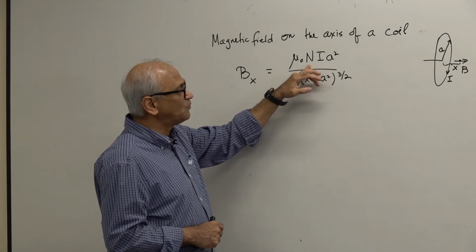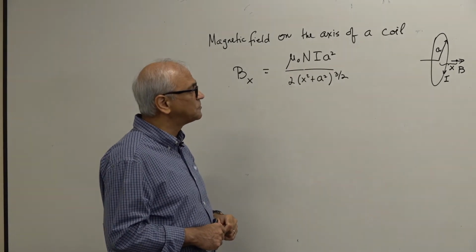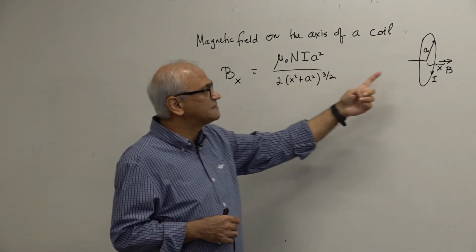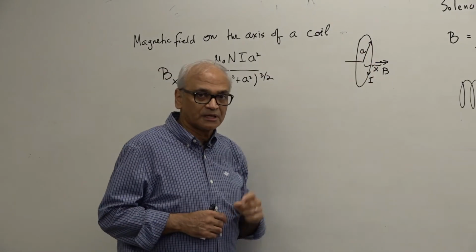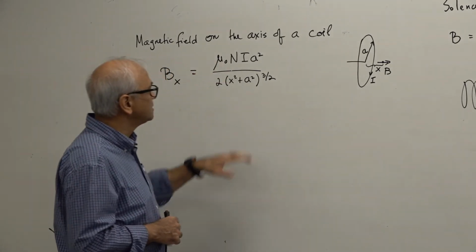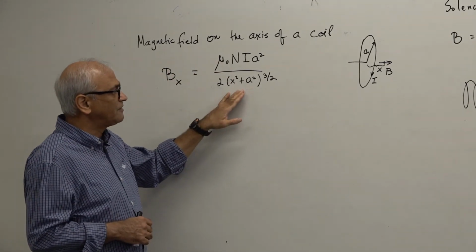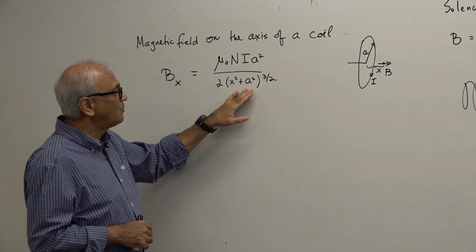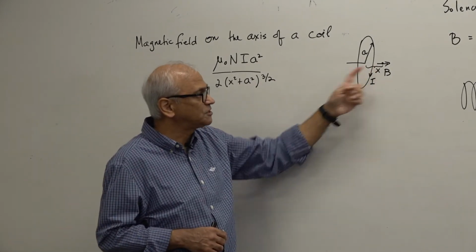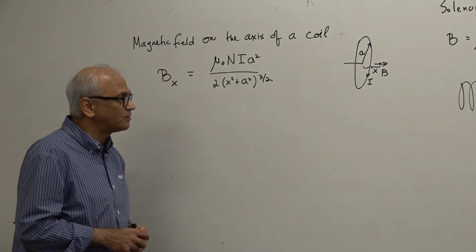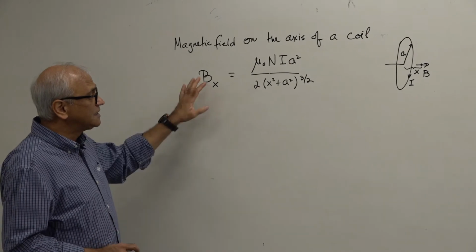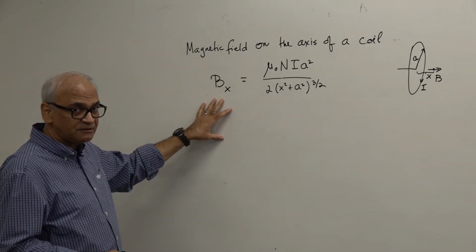N again is the number of windings, I is the current flowing through the coil, a is the radius of the coil, and then you have x squared plus a squared raised to the power 3 over 2, where x is from the center point to the place where you're measuring the magnetic field. So this is our baseline here.